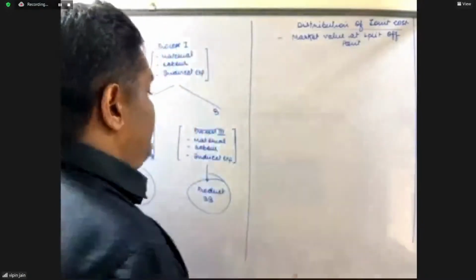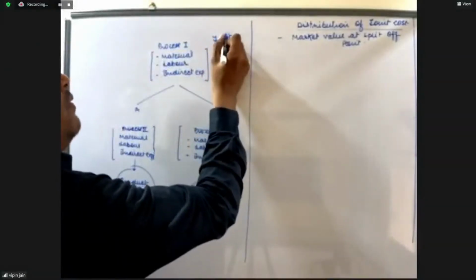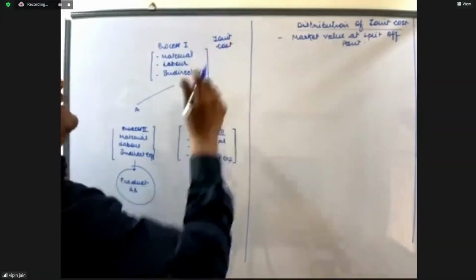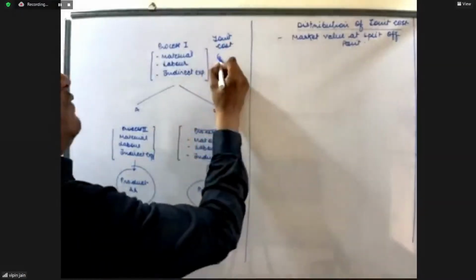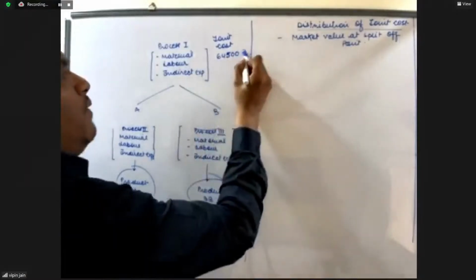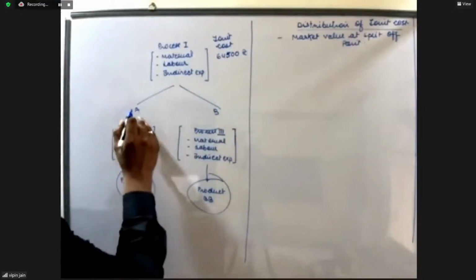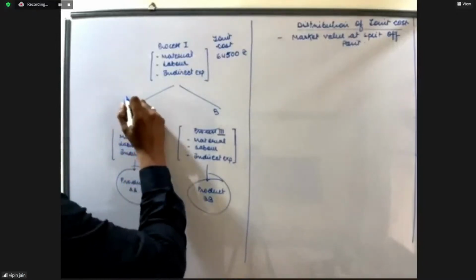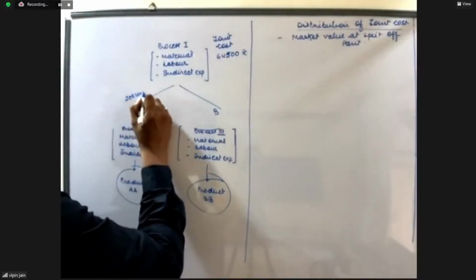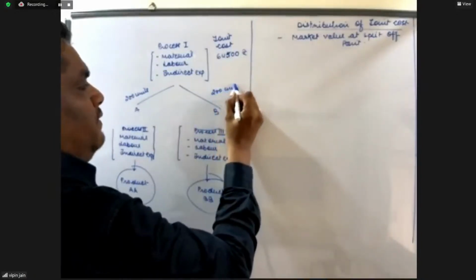Let's say my joint cost, that is the cost of, let's say, my process first is 64,500. Now, let's say 200 units of A are manufactured and 200 units of B were manufactured.